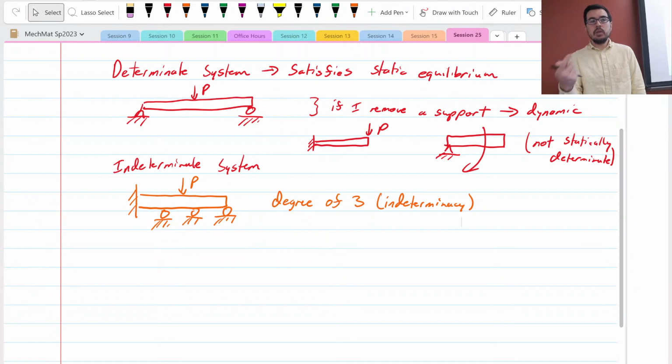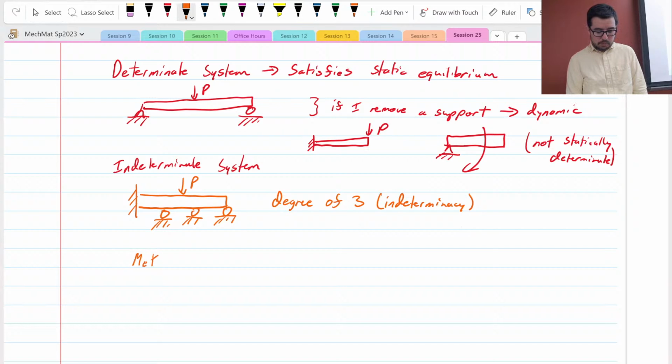With superposition, what it can mean is that we need to look at equating displacements in these different regions with each other, or displacements at a location, or angles or slopes.